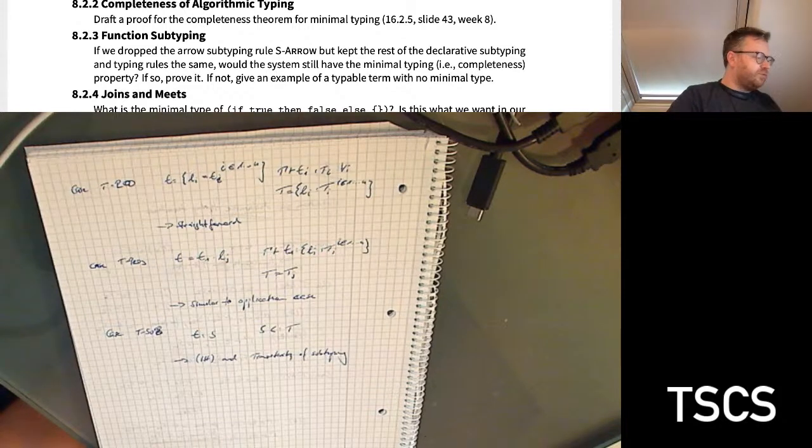This is the entire proof sketch for this 8.22.